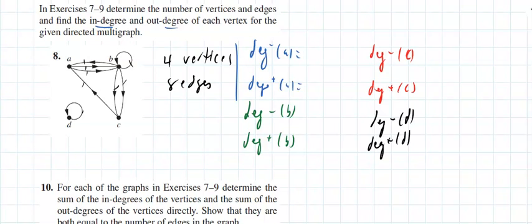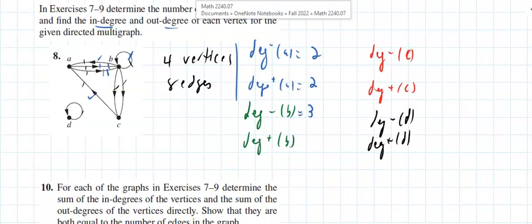If we start with the first one, if I look at the degree in on A, inwards 1, 2. Outwards, there's also 2. On B, coming in, the loop is coming in, that's 1, 2, 3.